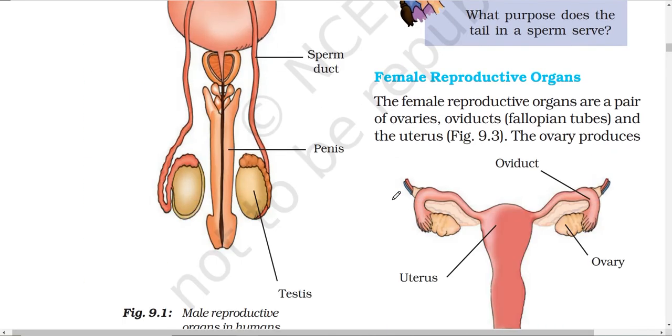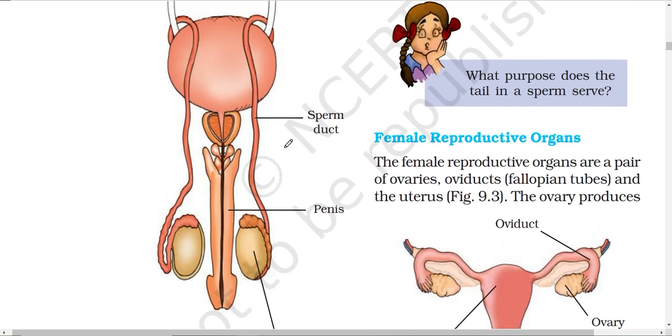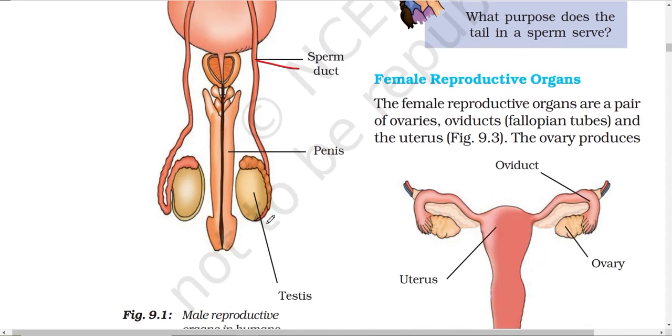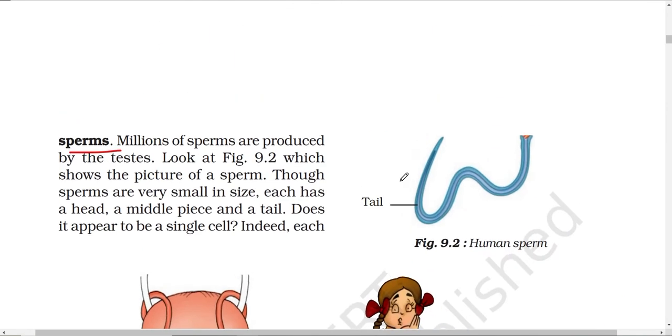Okay, and over here you may see, this is the sperm duct, this is the testes, and this is the scrotum. The scrotum is the place where the testes are placed. I'm just writing the spelling of scrotum over here. This is the spelling of scrotum, you may see.